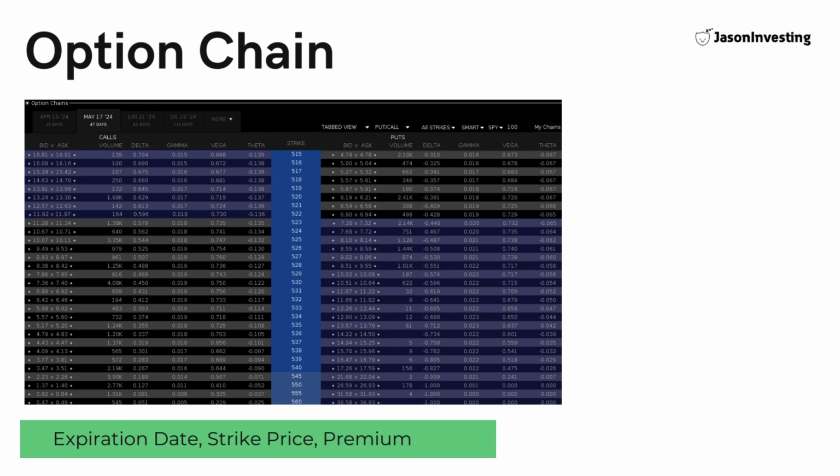Okay, next is the premium. Where can you find the premium in the option chain? The premium is the bid and the ask price. If you are buying, you have to pay the higher ask price, and if you're selling an option, you will be selling at the bid price.